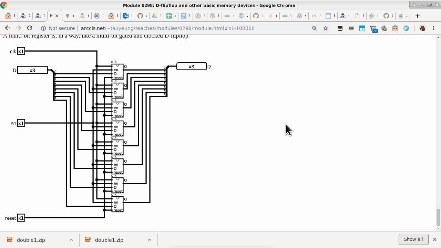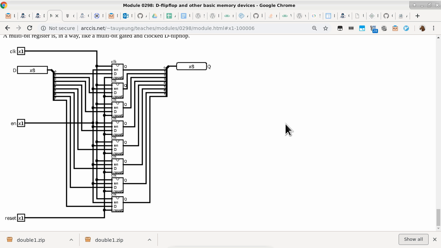When you look at the clock pin, how do you think the clock pin on the left-hand side is connected to the individual clock pins of the D flip-flops? They're all the same, okay? Now this type of configuration is also called a multi-drop topology, where one pin is connected to all of the other pins, okay?